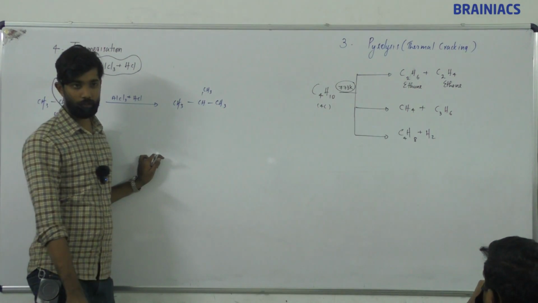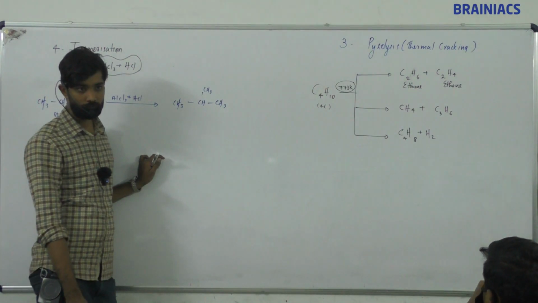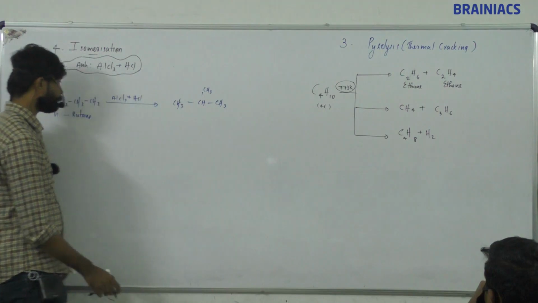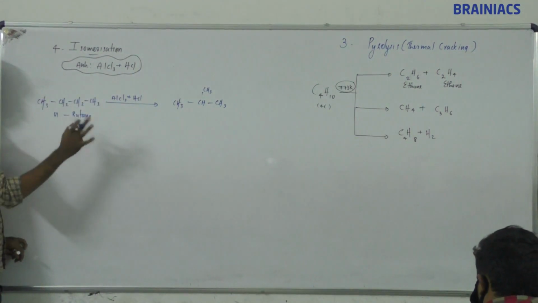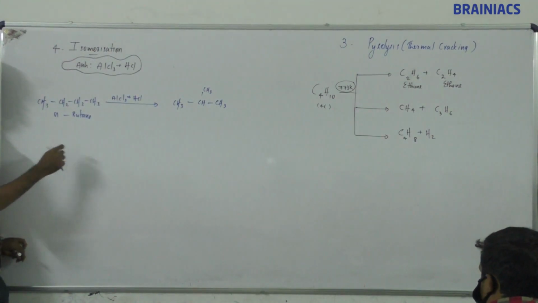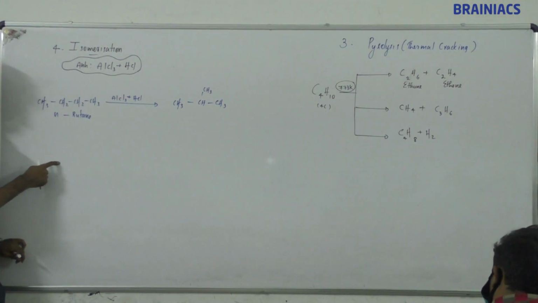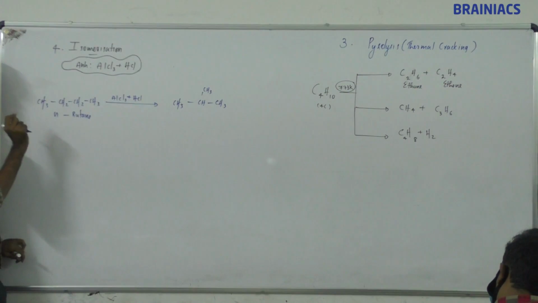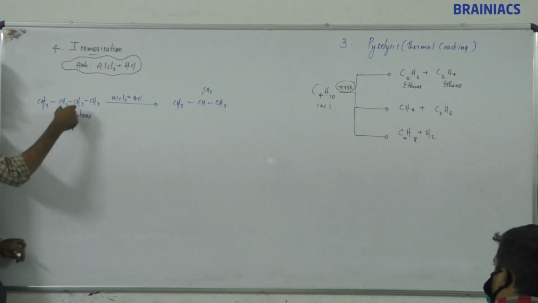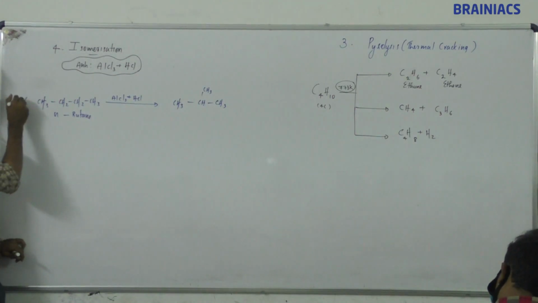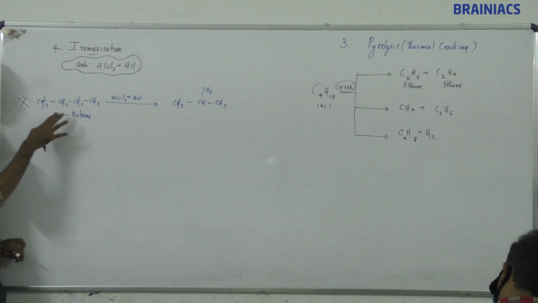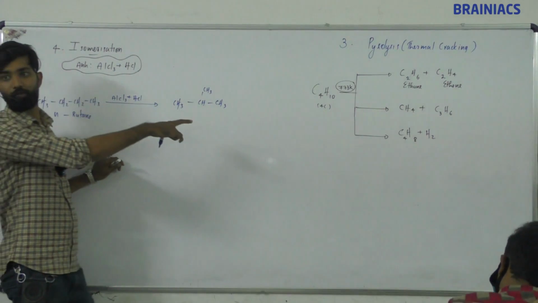You are familiar with rearrangement? Rearrangement will be discussed in the preparation of alkenes. So the only idea is that a linear hydrocarbon becomes branched. Here we can predict the product because this compound has only one isomer.